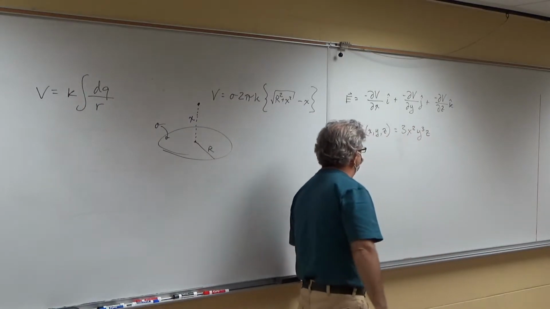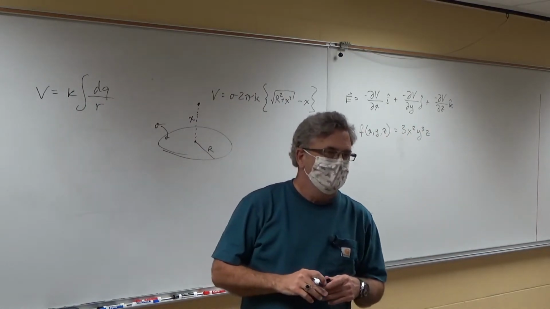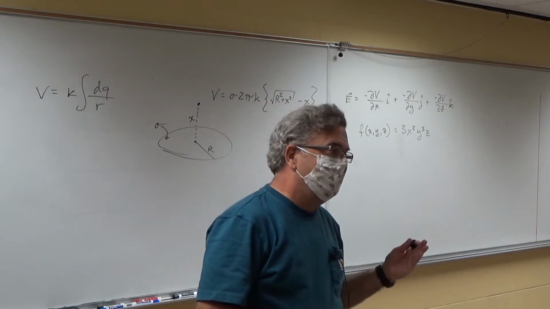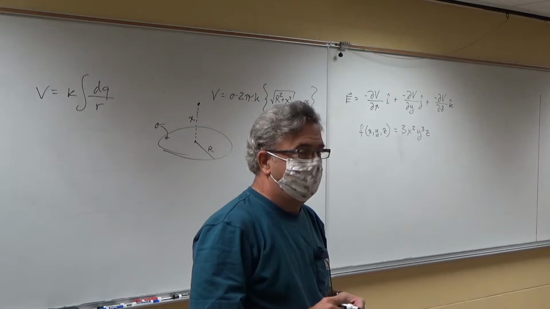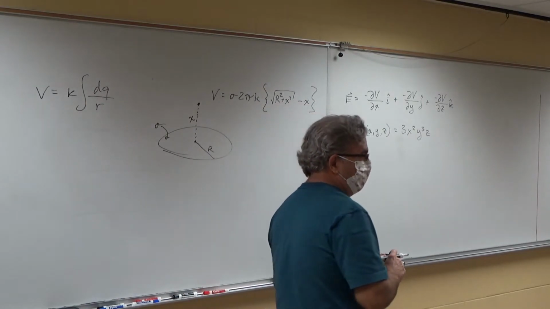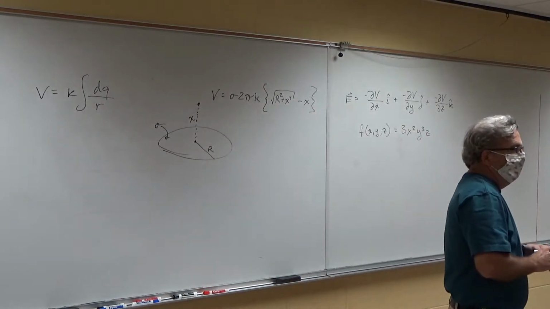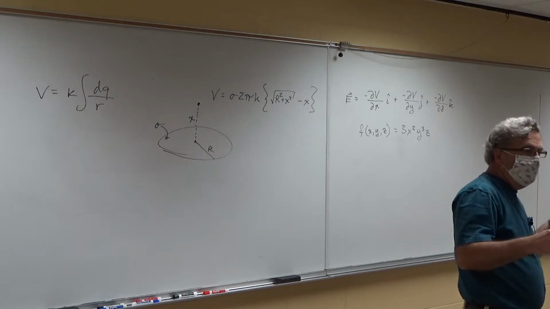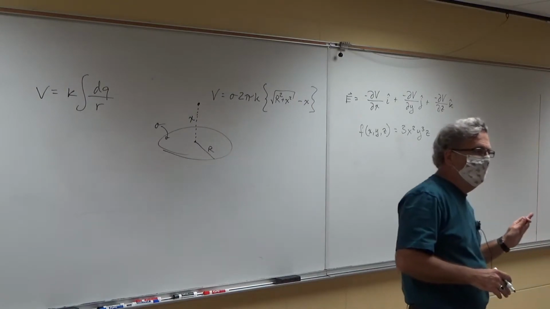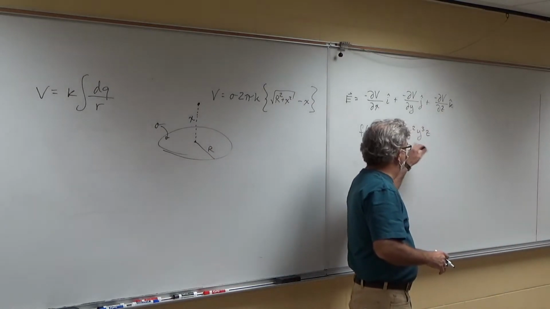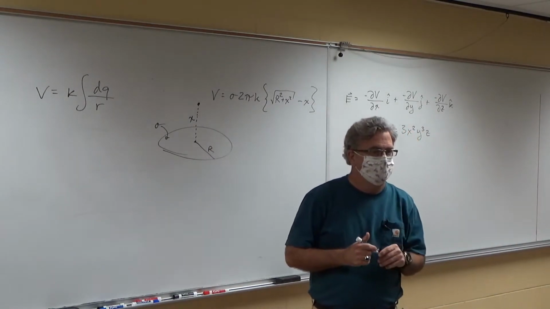Let's just say that's our function. The partial derivative of f with respect to any one of the variables says, look at the rate of change of the function along the x-axis or the y-axis or the z-axis and hold everything else constant.